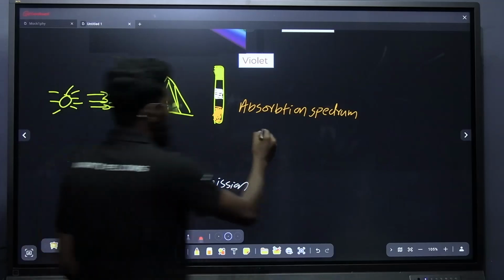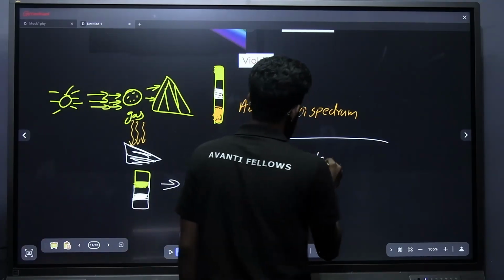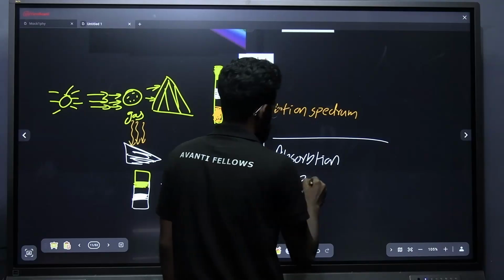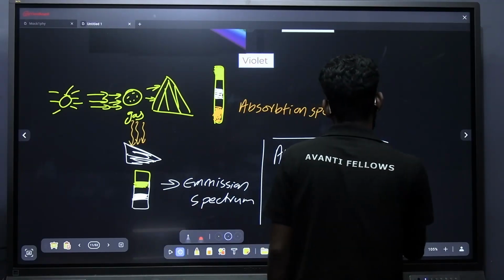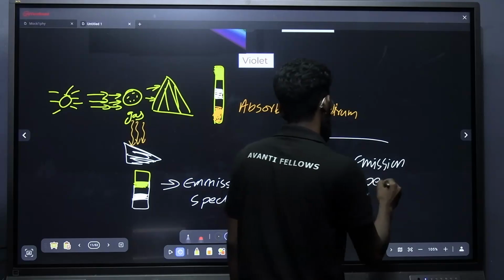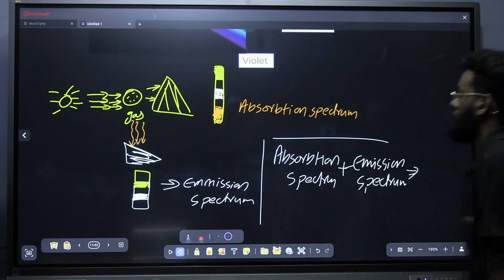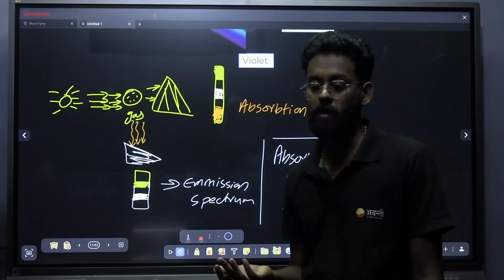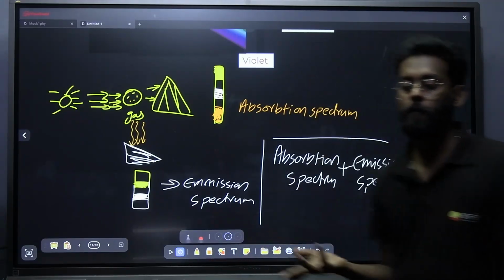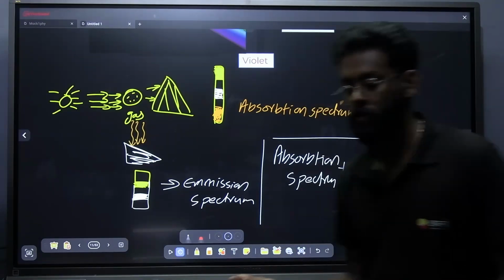Now if I combine these two spectra, absorption spectrum plus emission spectrum, what will I be getting? What spectrum will I be getting? Yes, give me the response.